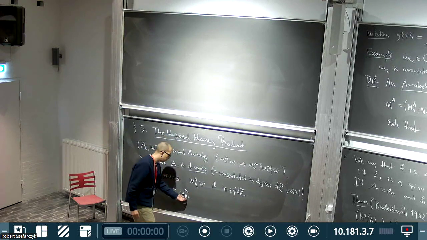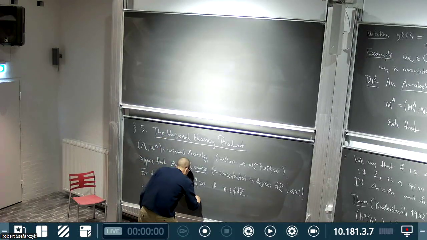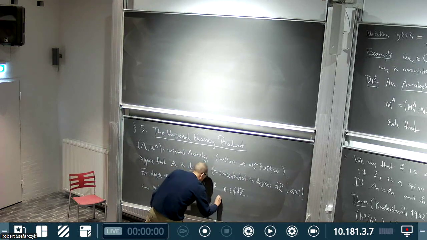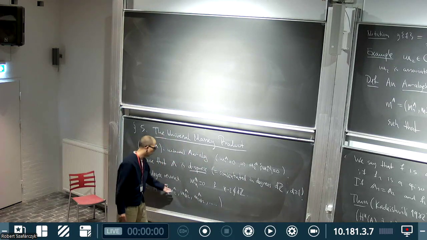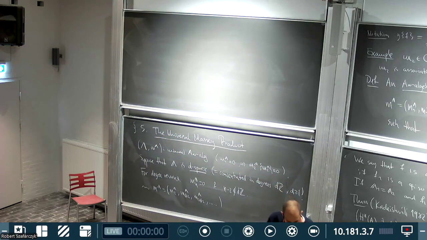Not the binary, but the ternary operation, and skip everything in between. Then I have 2d plus 2. So these are the only operations that survive. Okay, so that is already of some interest.